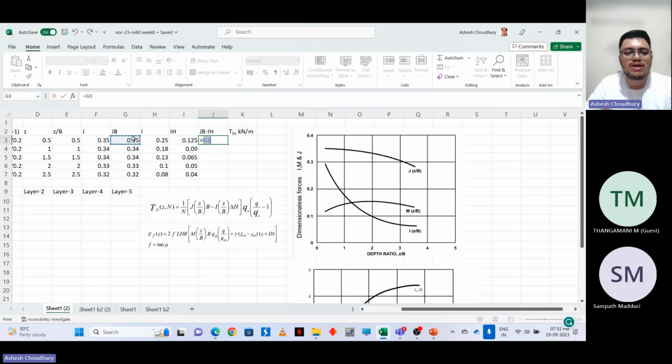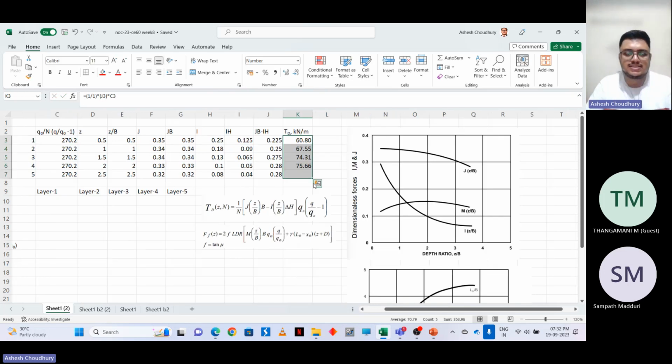Finally, we put in this expression: for 1 reinforcement, so 1 by 1 times JB minus IH, times this Q thing. So you just drag it down, we'll get for all the layers. Done. Like this, we determined the force.